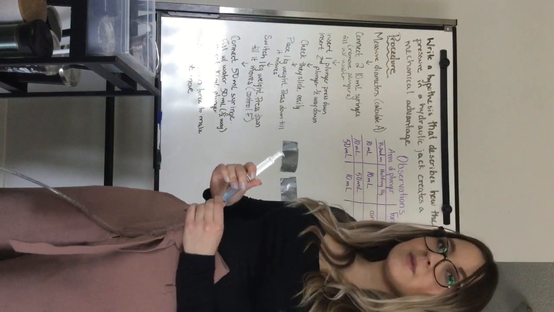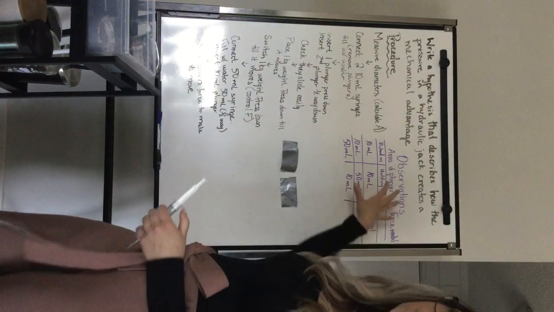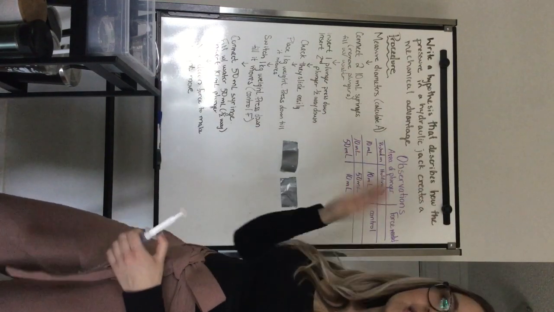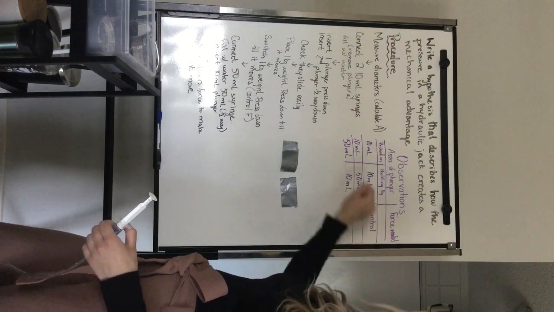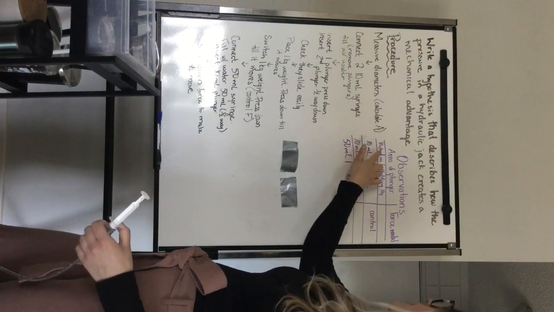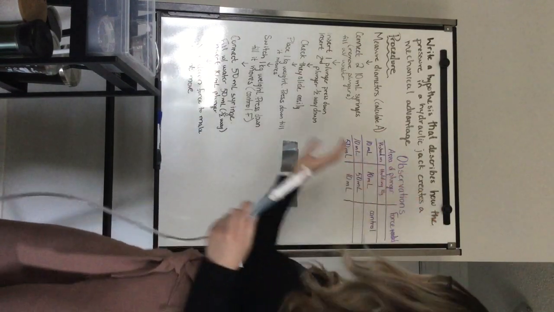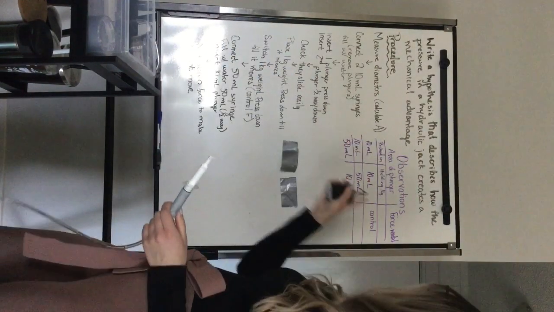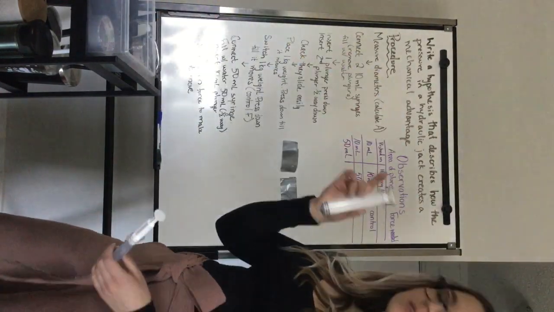So once you have that written down, you'll then write down your observations. Your observation should be in a table similar to this. So the area of the plunger, your force needed, and then it tells you which syringe is being pushed on, so 10 mil, which one is holding the 1 kilogram weight, the 10 mil or the 50 mil syringe.